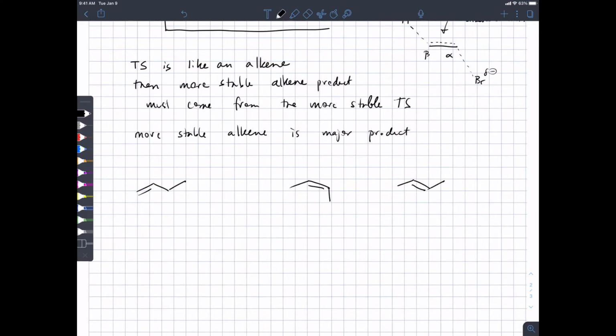And it's useful at this stage to remind you of some language that we're going to use relating to alkenes. We're going to call this alkene over on the left a mono-substituted olefin or alkene.